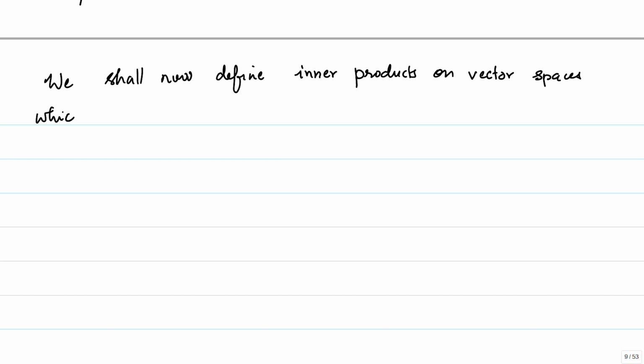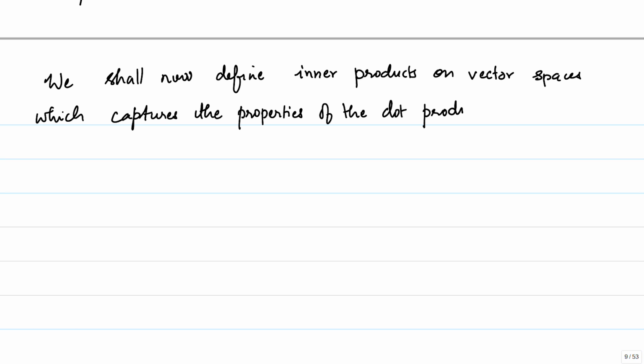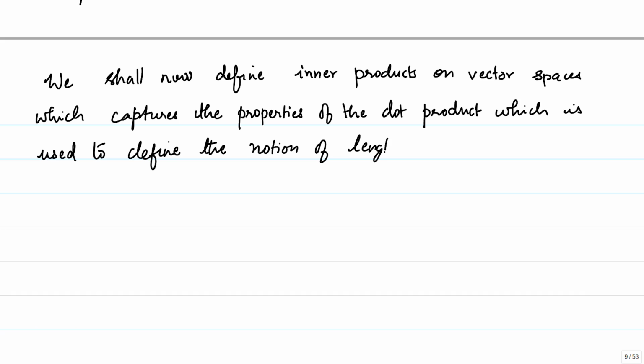which capture the properties of the dot product which is used to define the notion of, in fact, both length and angle.